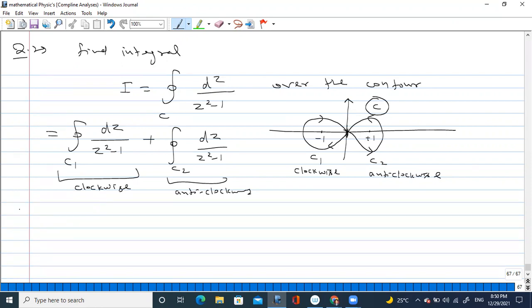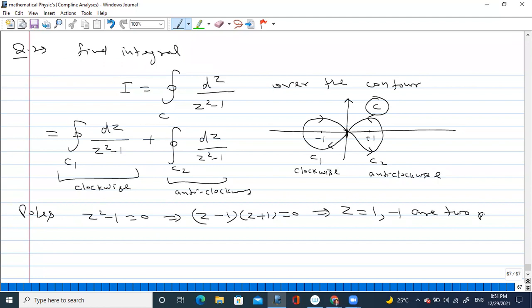Now poles are z square minus 1 equal to 0, z minus 1 into z plus 1 equal to 0. This implies z equal to 1 and minus 1 are two simple poles.